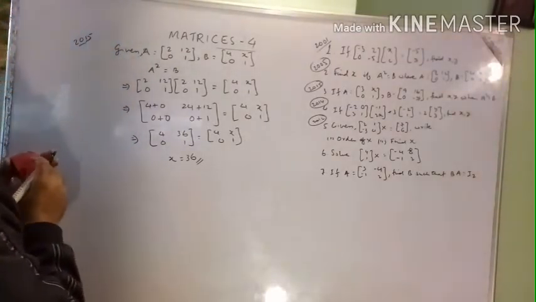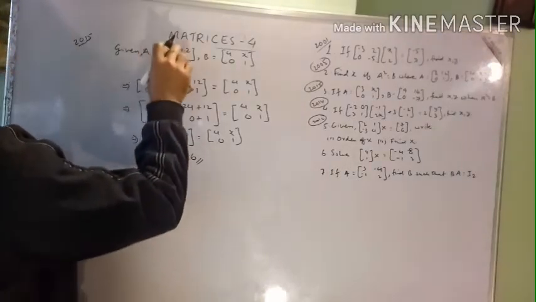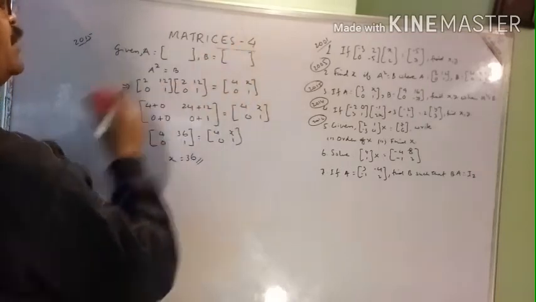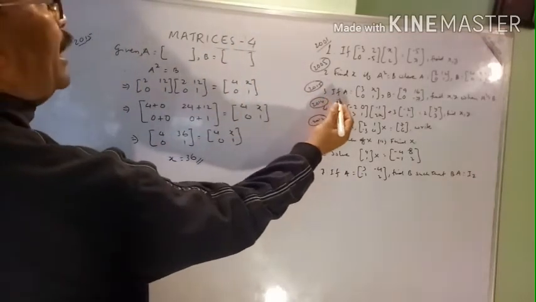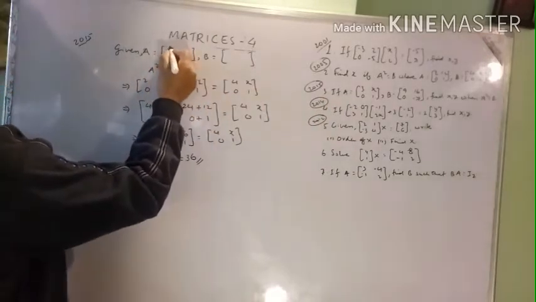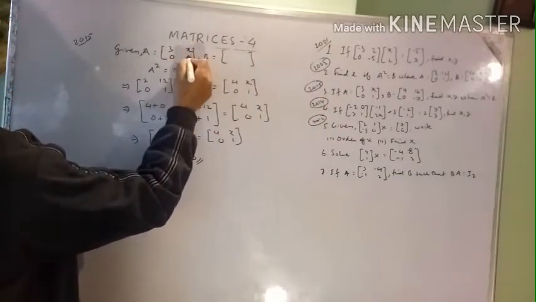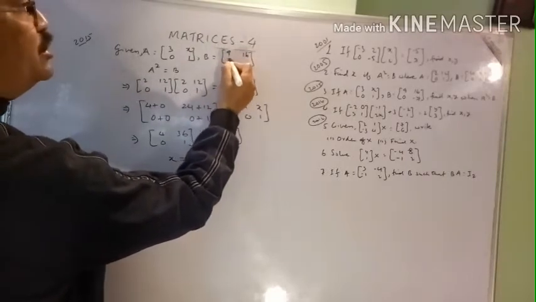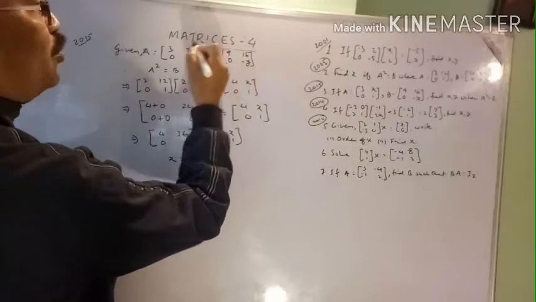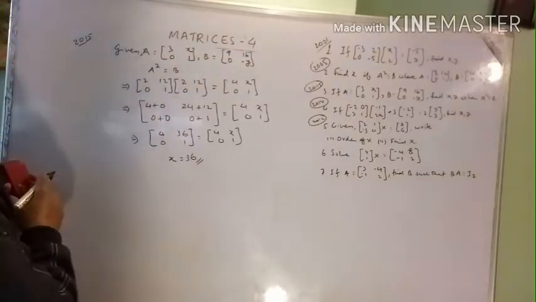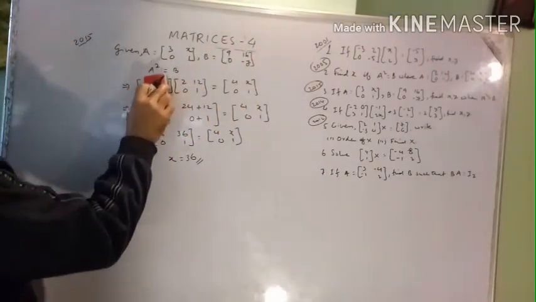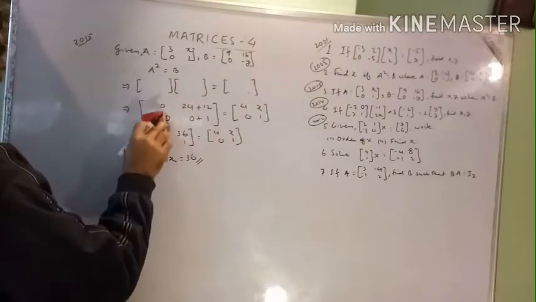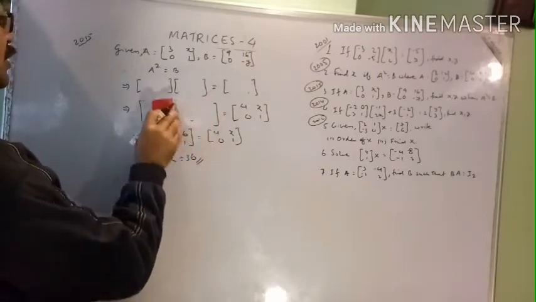Here also we are given matrix A and B. Here A is [3, x; 0, 1] and B is [9, 16; 0, -y]. Find the value of x in A square equal to B. Once again the same relation given, A square equal to B. So only the elements we have to change here.